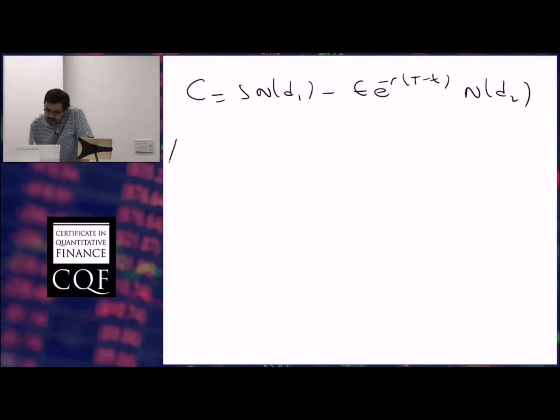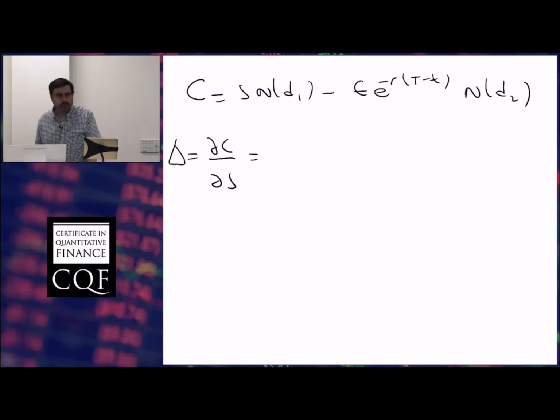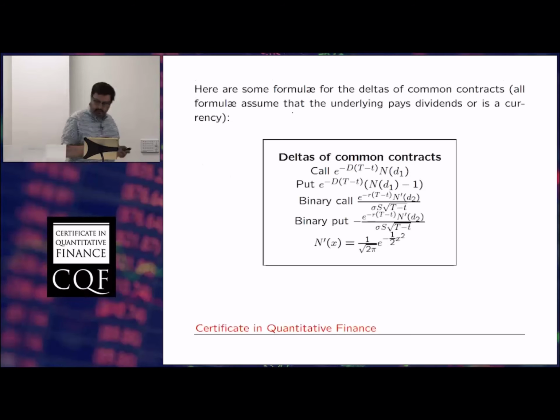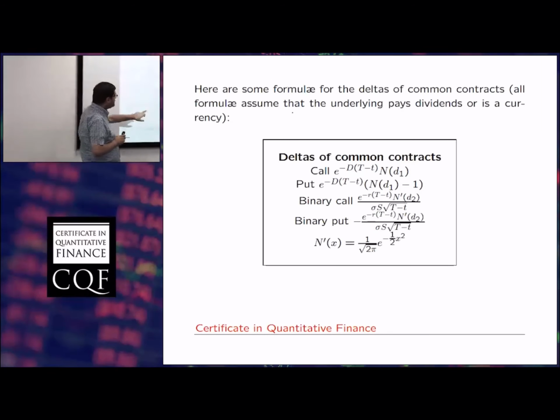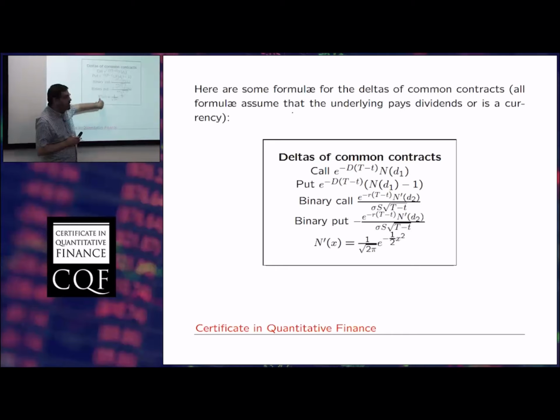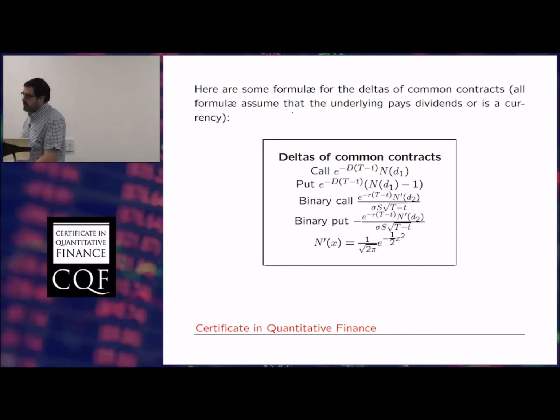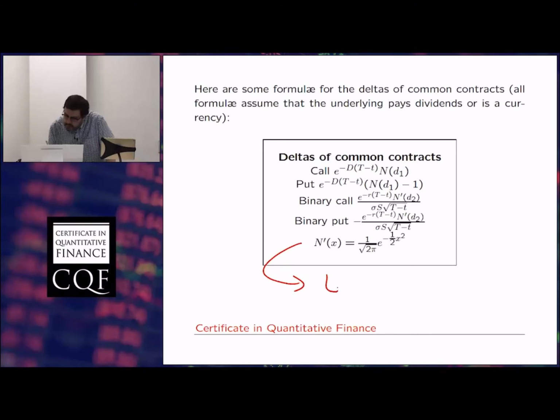So delta is equal to dC by dS is equal to, so clearly we need to use a combination of the product rule and the chain rule. Keep an eye on this: dN by dx is simply 1 over root 2 pi e to the minus a half x squared. And if you want to know where that came from, Leibniz rule.